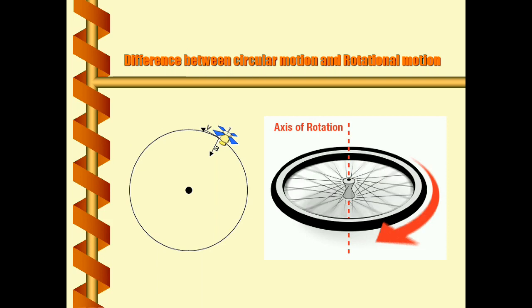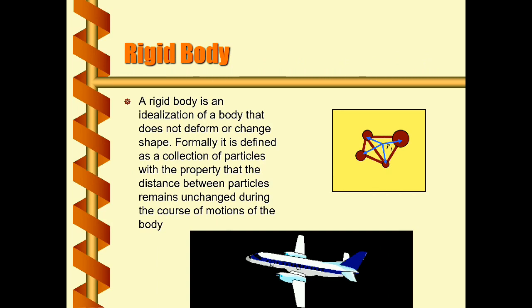The centers of all those circular paths are located on the same straight line, known as the axis of rotation. So hopefully you now have the idea of the difference between circular motion and rotational motion.